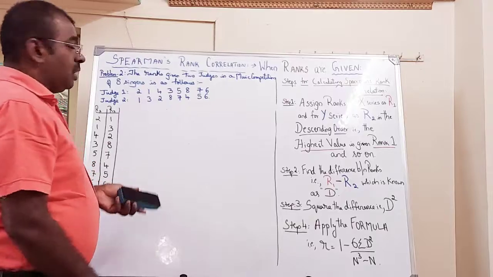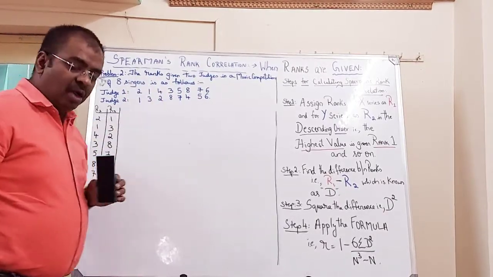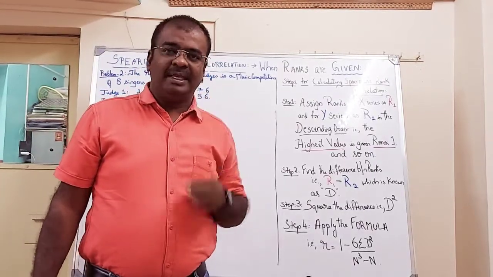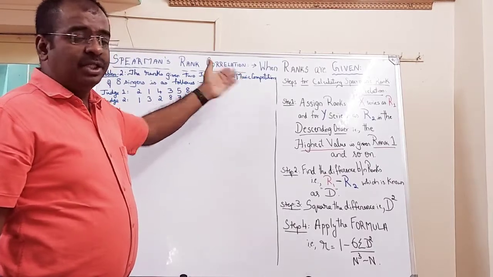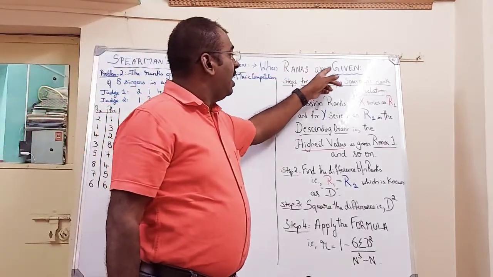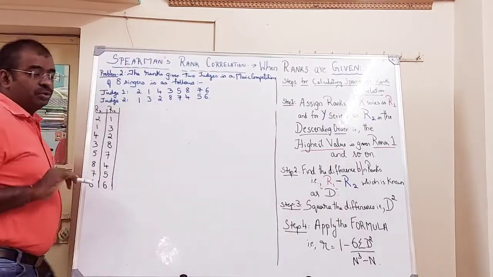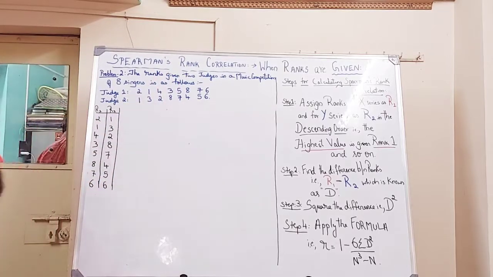Let us try to solve one more problem on Spearman's rank correlation. But now the difference is that in the previous question, the first method was when ranks are not given. Now this is the second situation where ranks are given. Look at the question. Problem number 2 says the ranks are given. So please note the point.